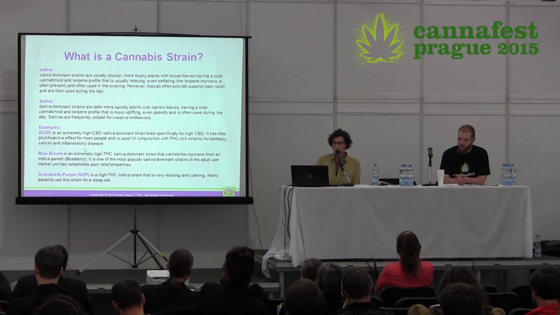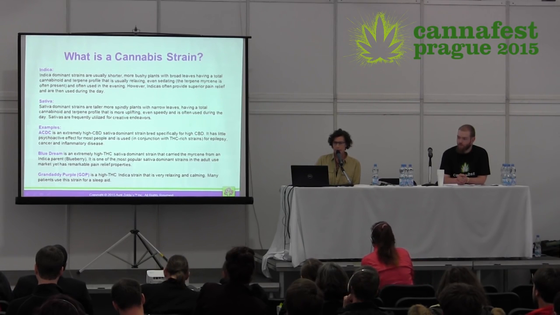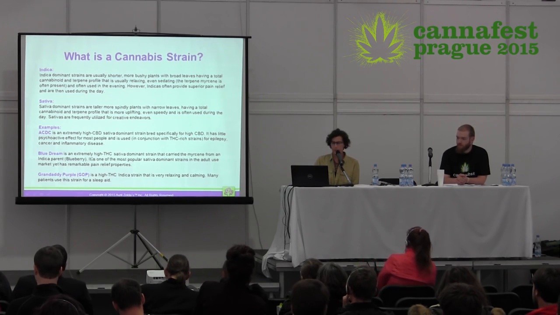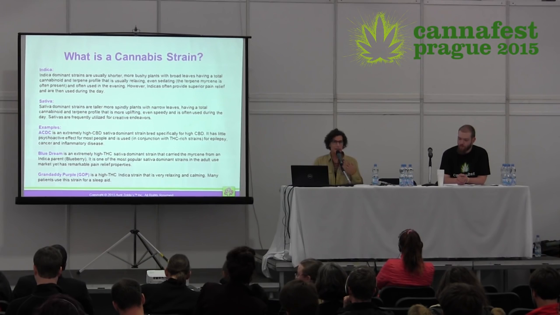Blue Dream is highly sativa dominant, even though it has a little bit of somnolence because of the blueberry that it was bred with. For somebody like me who's very sensitive to sativas, if I take it, it's going to make me feel like I have heart palpitations, like it's jumping out of my skin. Granddaddy Purple is a very high THC strain, but it's also very good for relaxing. We use that a lot with cancer patients.